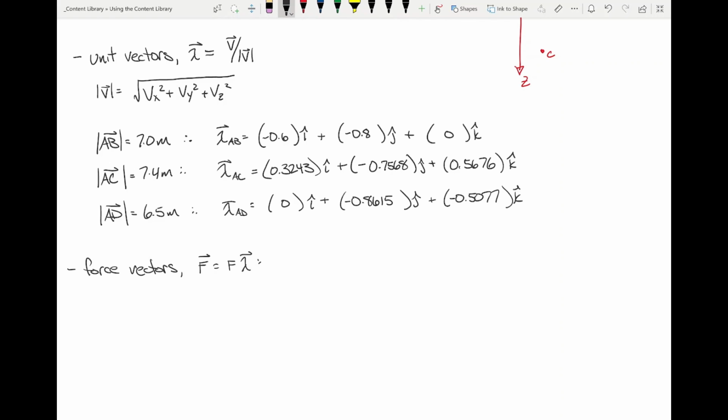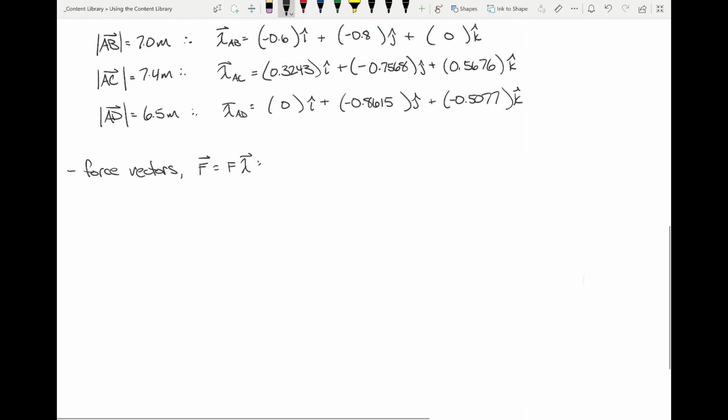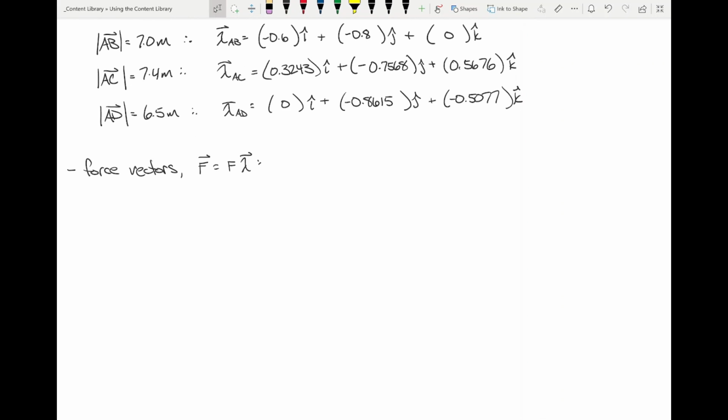Is to take the magnitude times the unit vector to get the force vector. Okay? Now, I want to make sure that we're all clear on this. How many force vectors are applied through point A? Not 3, 4. There's the balloon. These are the 3 unknowns, but there's still the balloon, right?